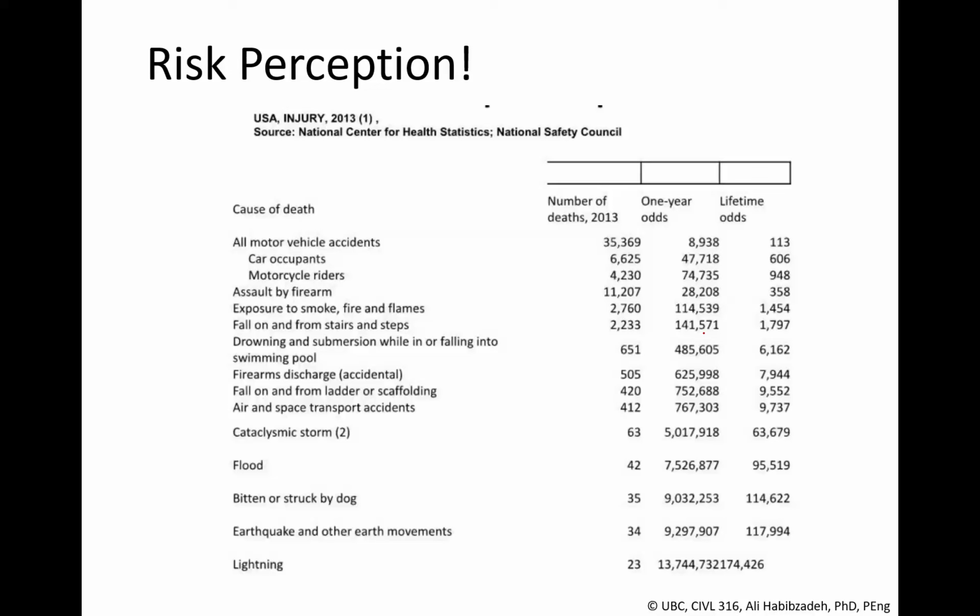But just to give you an idea of the different probabilities that we're looking at, this is an example of different causes of death, all the way from vehicle accidents at the top, going down, we have floods, animal attacks like a dog attack, earthquakes, lightning, and so on. You see obviously the number of deaths goes down.